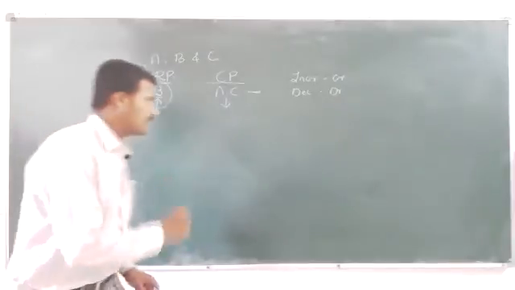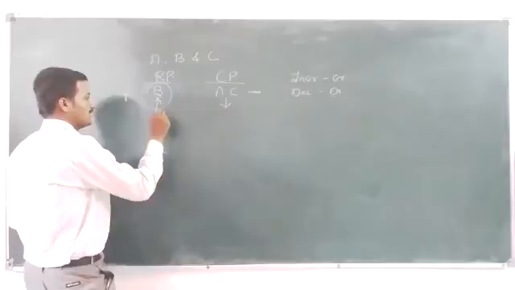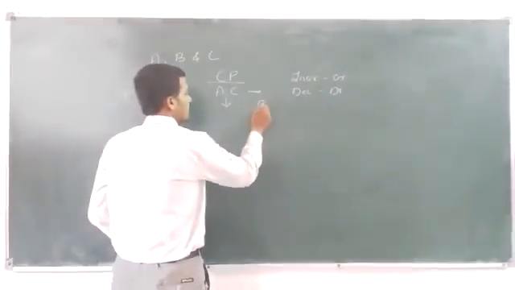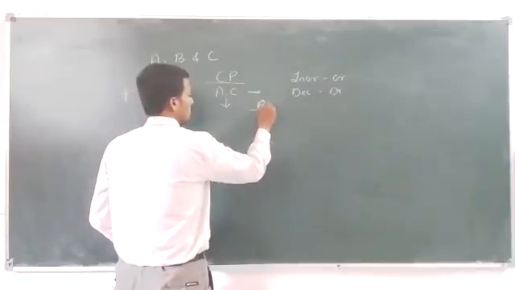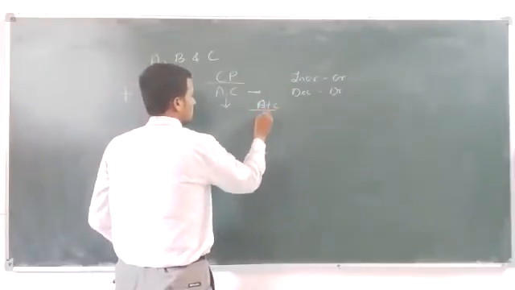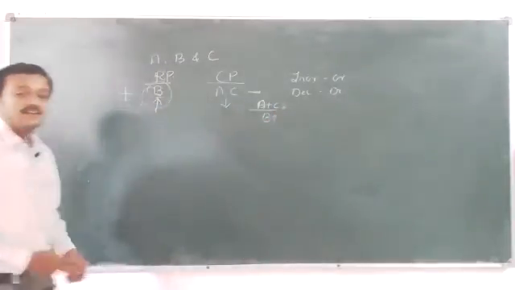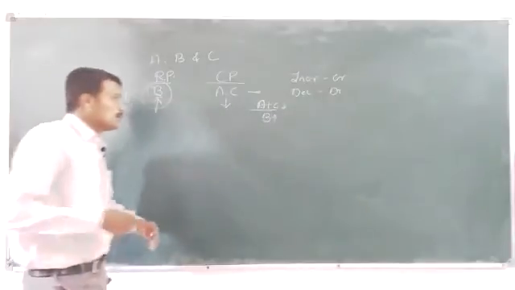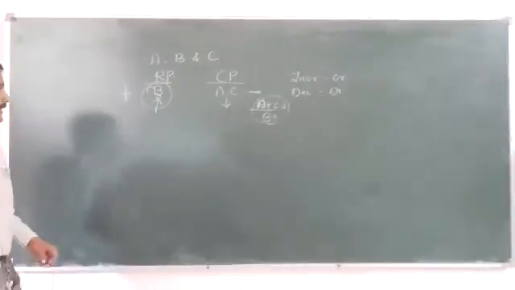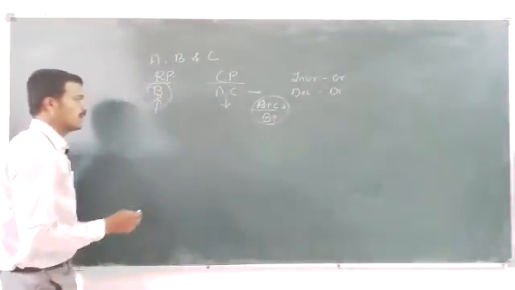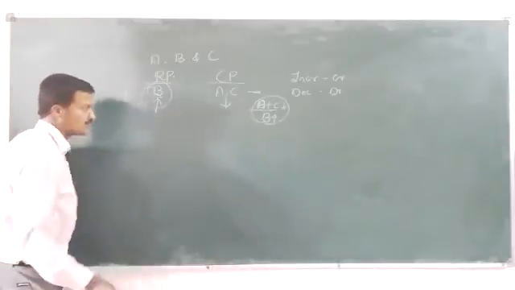By keeping this in mind, I pass a journal entry: A account and C account debit to B account, because B's capital account is increasing and their capital accounts are decreasing. If you summarize this as a single journal entry, I request you to note it down.